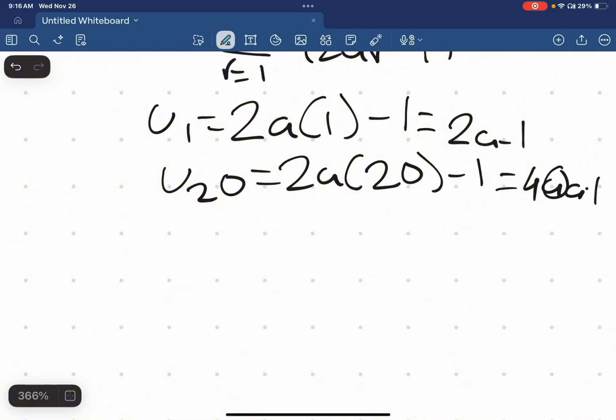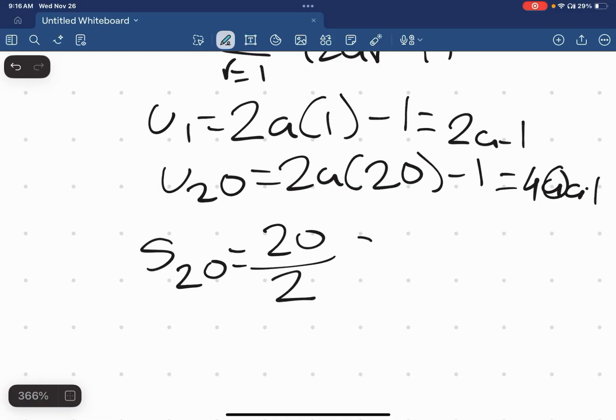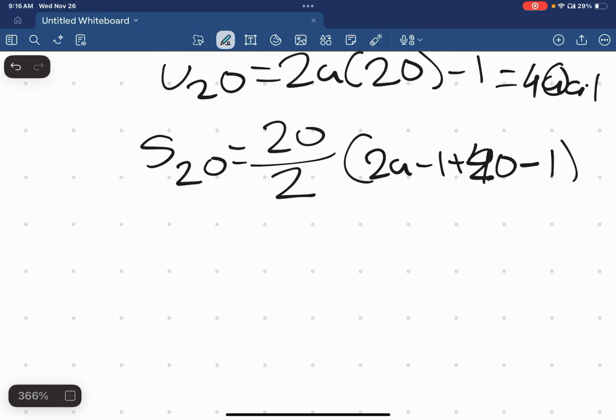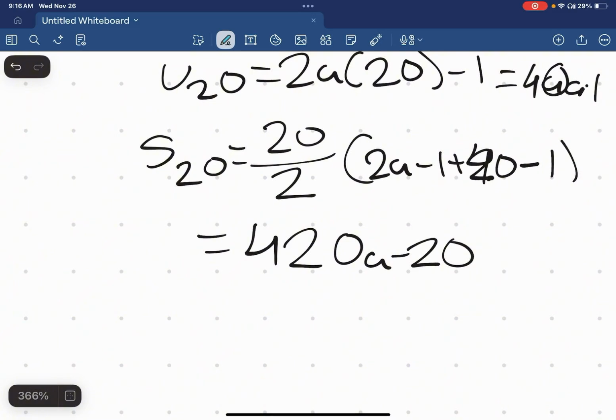Okay, now let's do the summation formula once more. 20 divided by 2, 2a minus 1 plus 40a minus 1. And that gets us 420a minus 20. That is number 10. Number 11 now. So to the next page.